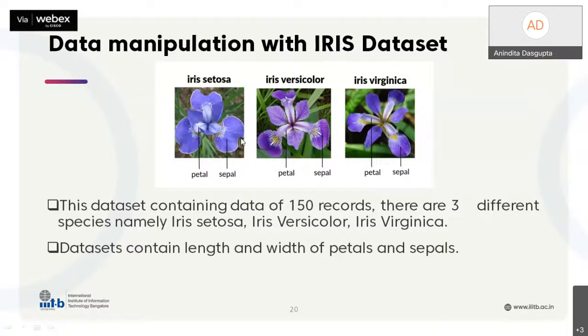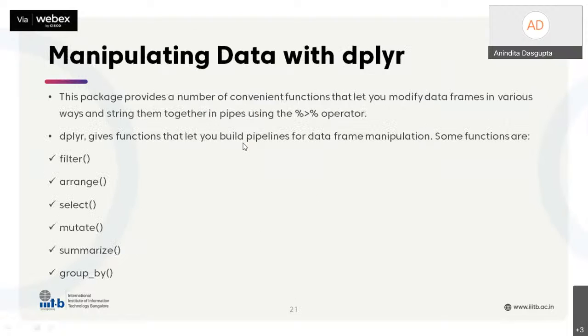The next thing that comes is manipulating the data set. The package which we'll be using is dplyr. It has a lot of convenient functions which we can use. And there is one operator called the pipeline operator, that is the percent greater than sign percent operator.